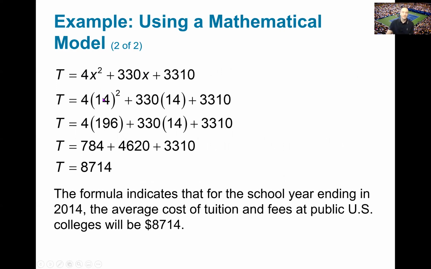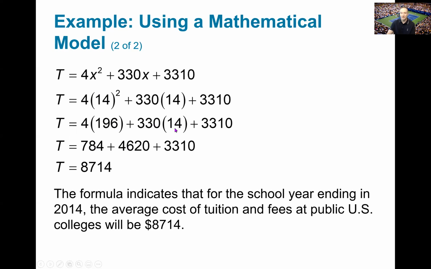You square the first 14, 14 squared, 196. I'll just leave everything else because technically I should go ahead and take care of the exponent before doing anything else. Now, once you've done that, you can say, well, the only thing left is multiplication and addition. Multiplication comes before addition. I multiply 4 times 196, I get 784.